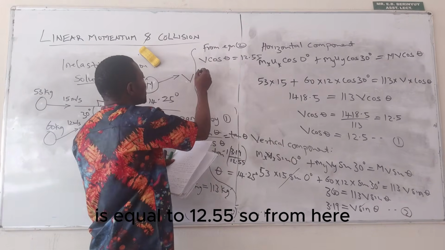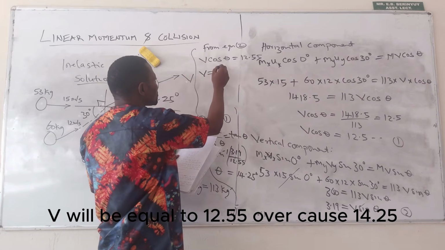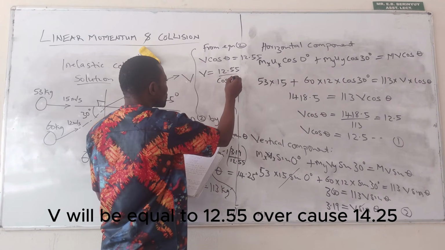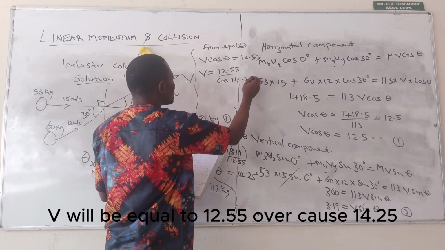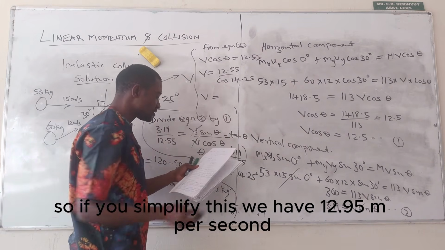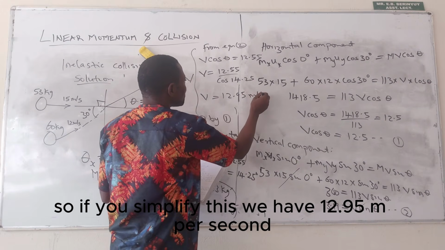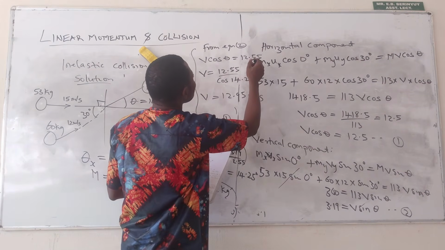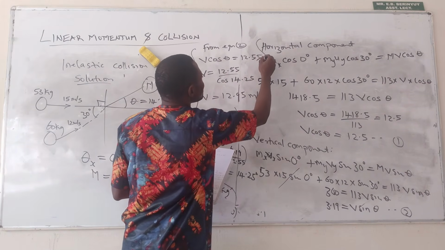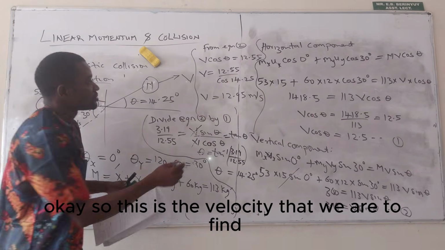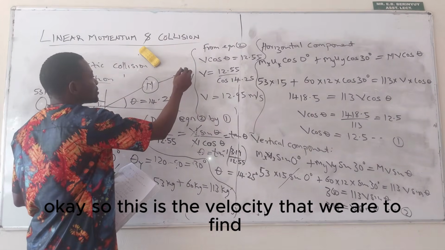From here, v will be equal to 12.55 over cos 14.25. If you simplify this, we have 12.95 meters per second. So this is the velocity that we are to find.